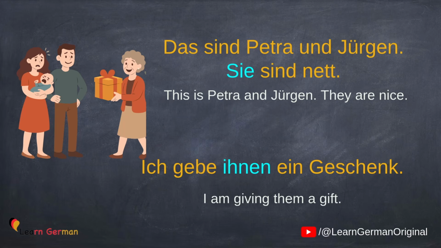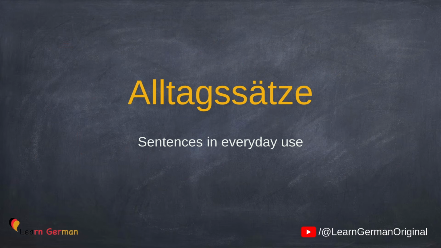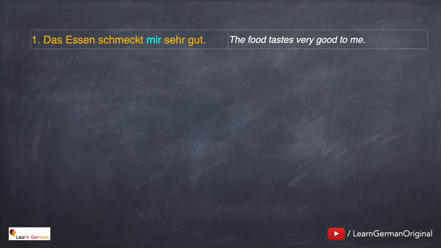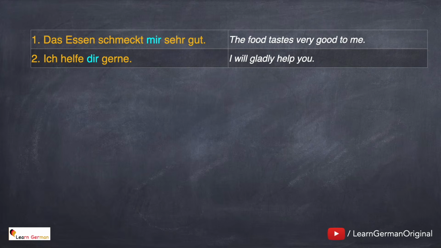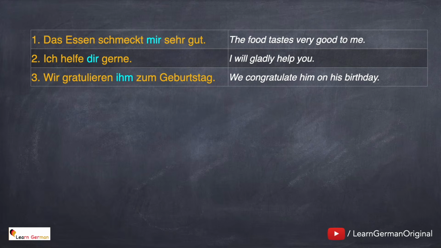Dative personal pronouns are used a lot in day-to-day conversations. Let's look at a few sentences from everyday life. Alltagssätze. Listen and repeat. Das Essen schmeckt mir sehr gut. Ich helfe dir gerne. Wir gratulieren ihm zum Geburtstag.